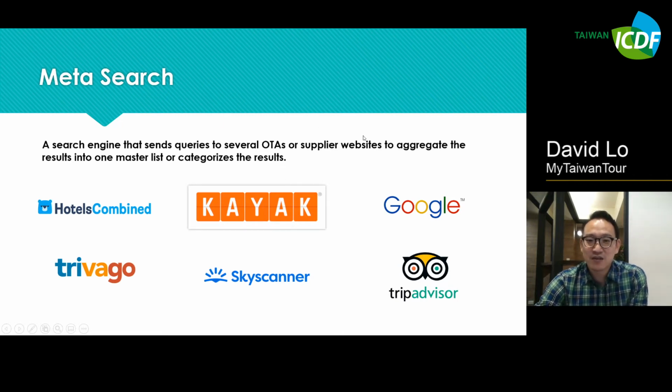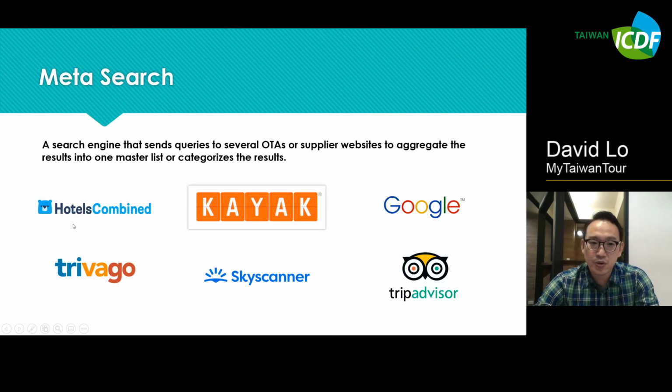By this definition, it could sound very complicated, but easier ones to understand are Hotels Combined or Kayak. You can imagine Hotels Combined is the Google of the hotels, or Kayak is the Google of the flights.